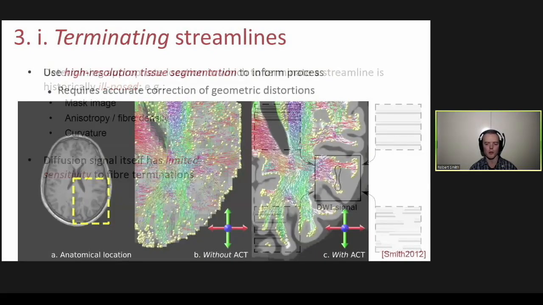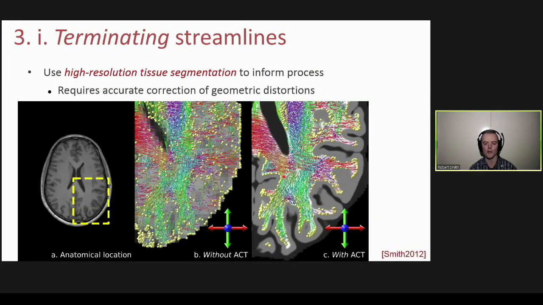Generally, the best way to do it is to make use of a high resolution anatomical contrast image. This can be in the format of a native surface representation of the cortex, or it can be image based. But the key thing here is that you don't just want to constrain where the streamlines are allowed to go, but also where they have to stop. Each of these little yellow dots is a streamline termination.